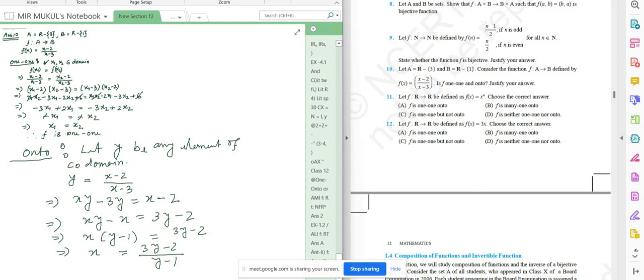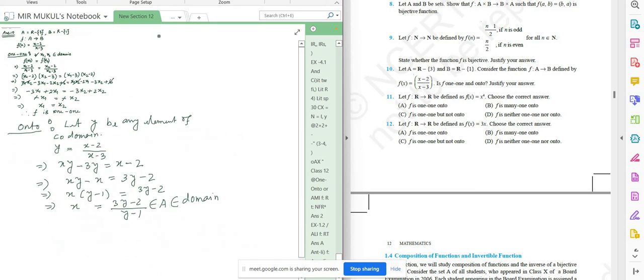So this value will always be a real number, that is, it belongs to A. It means it belongs to the domain. It means every element of the codomain has a preimage in the domain, because we have taken an arbitrary element.